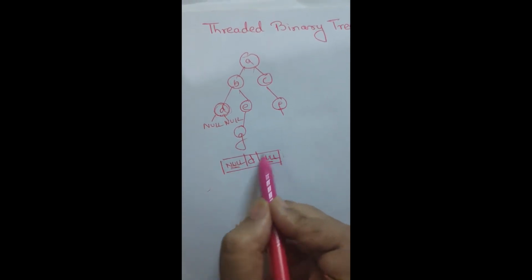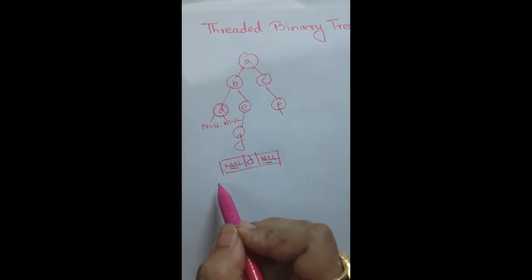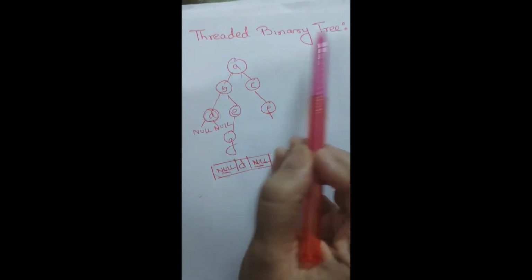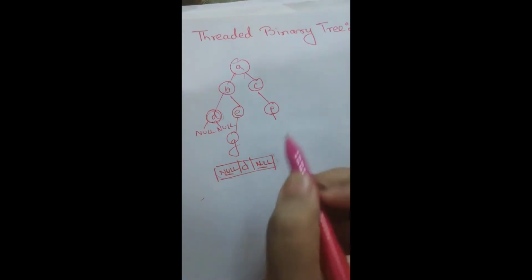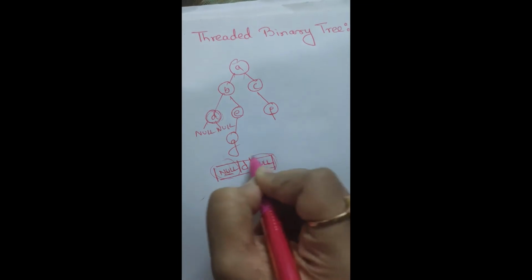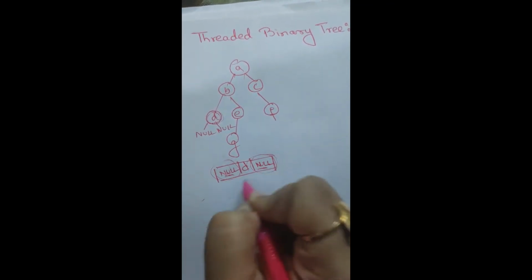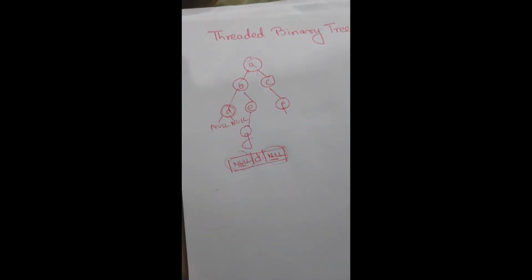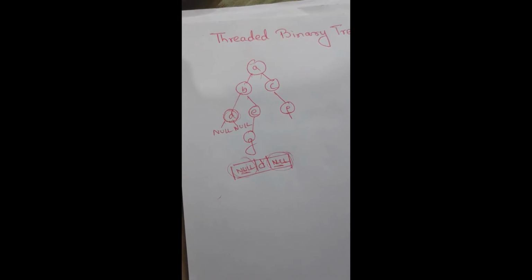So when I am storing null, that means I am wasting this memory space that I have allocated, right? So threaded binary tree brings in a concept where, when we are having null values in the child fields of the nodes, we utilize those fields without storing null value.